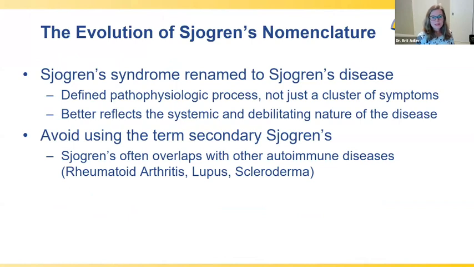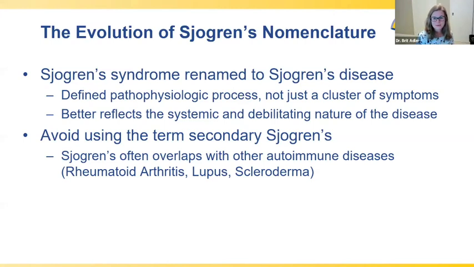And I want to talk briefly about how Sjögren's nomenclature has changed over the years. There's been a push to call it Sjögren's disease instead of Sjögren's syndrome. In the past, it was called Sjögren's syndrome, and there's been a push to rename it because it was felt that syndrome made it seem like it was just a cluster of symptoms, but really Sjögren's is a defined pathological disease with a unique mechanism.